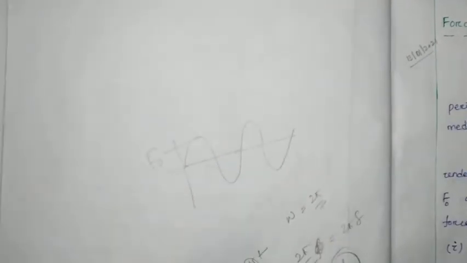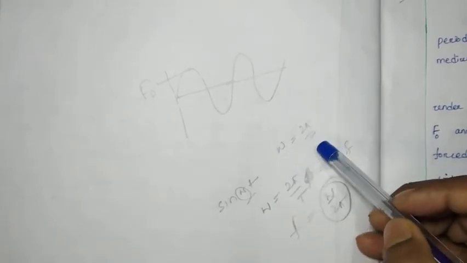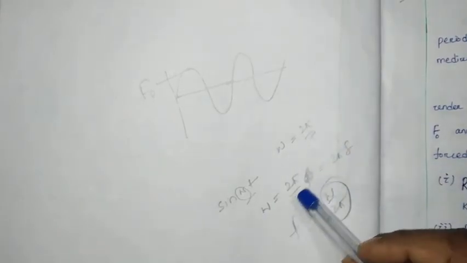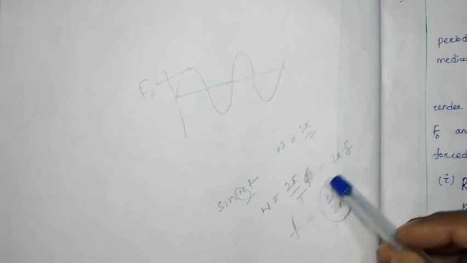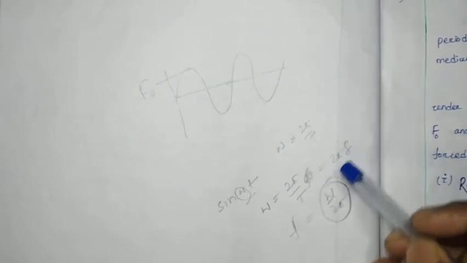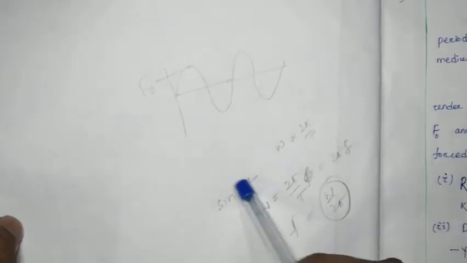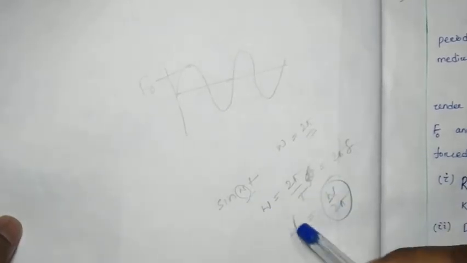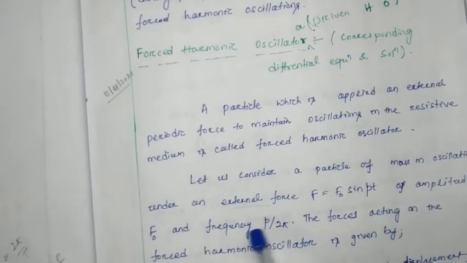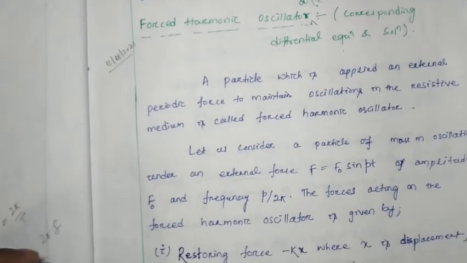Because you can remember, for sin omega t, omega is equal to 2 pi by T, or omega equals 2 pi into f, and f equals omega by 2 pi. So the frequency is omega by 2 pi. Here, instead of omega, we write p, so obviously the frequency will be p by 2 pi.